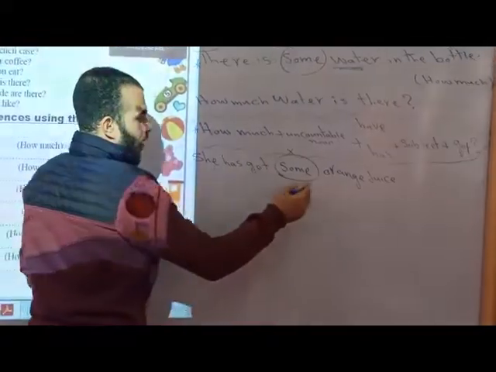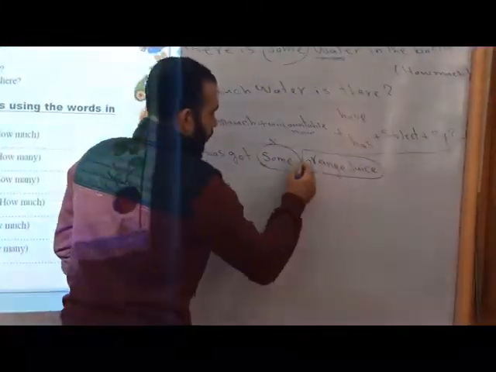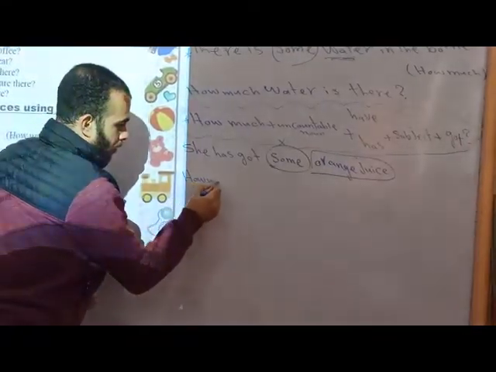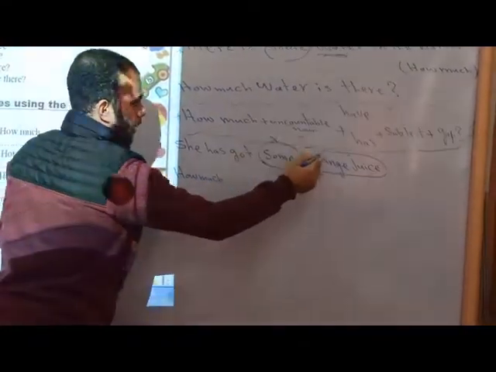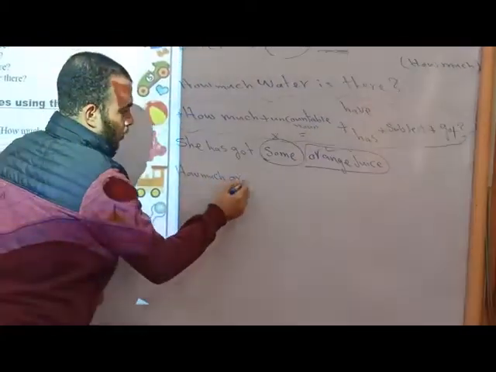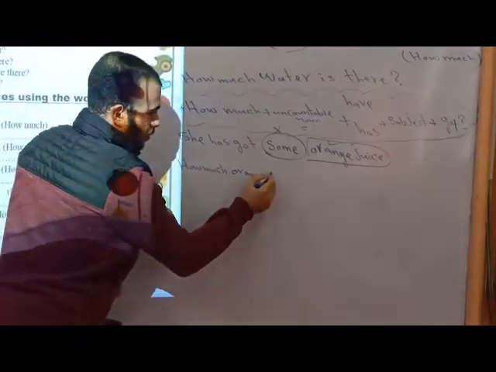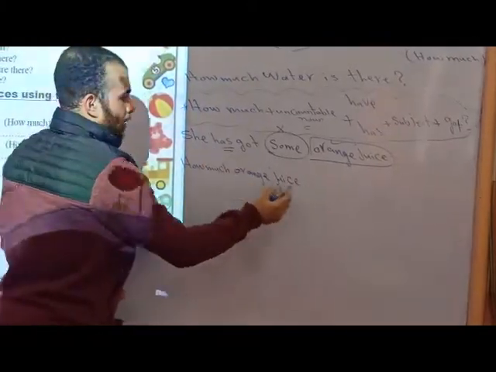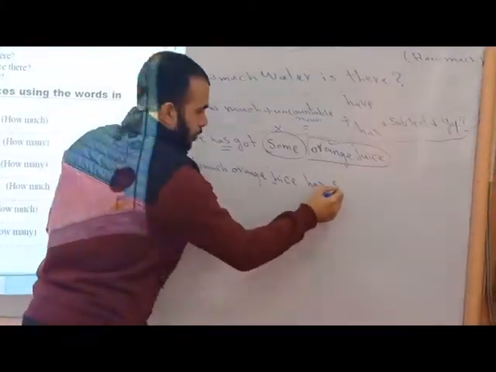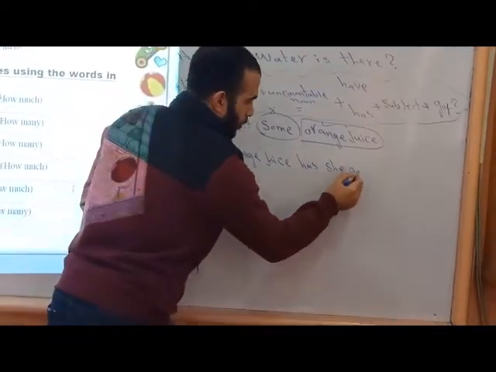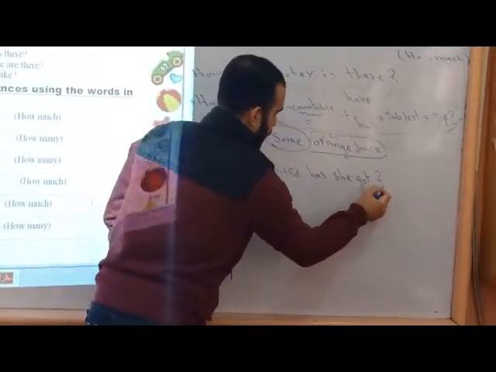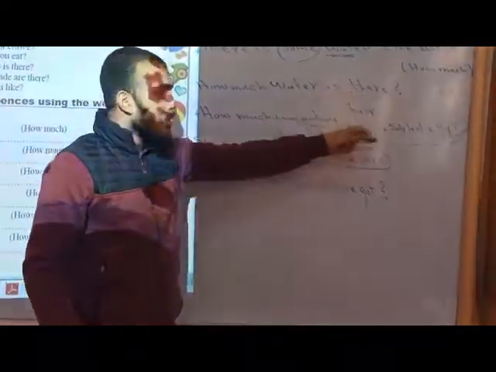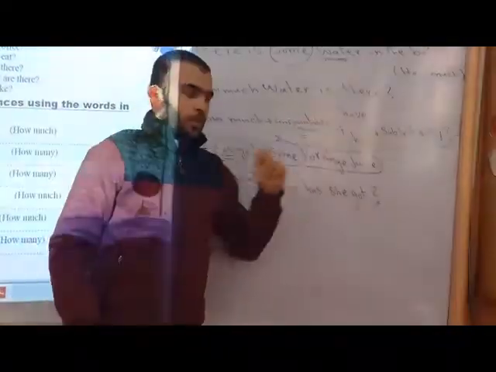Say we buy the uncountable noun orange juice. Start: how much? Uncountable noun orange juice. How much orange juice? Then has, subject she, got. Then put the question. So how much? Uncountable noun, have, has, subject, got.